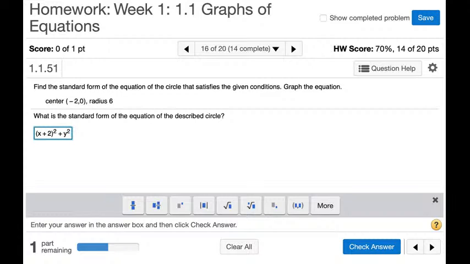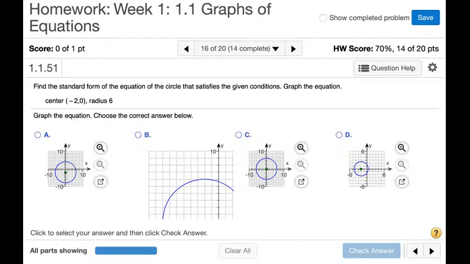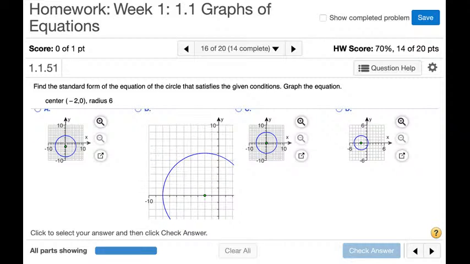Okay. So the center is negative 2, 0. It could be this one. The radius is 6. This is the only one that's negative 2, 0 with the radius of 6.